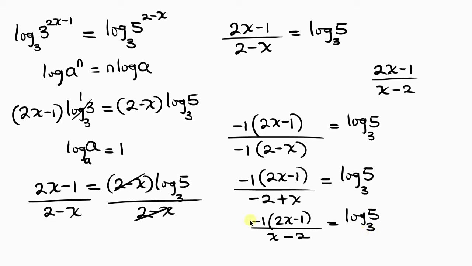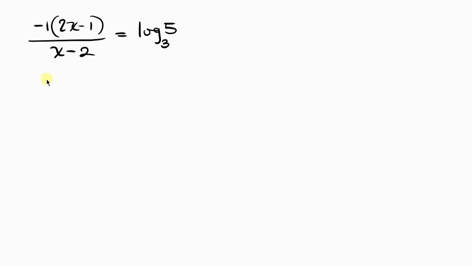Well, our next step will be for us to get rid of this negative 1. And we can actually do that simply by multiplying both sides by negative 1. Let's do that on the next slide. So multiplying both sides by negative 1, I have negative 1 times what I have here, then negative 1 times log 5 base 3.